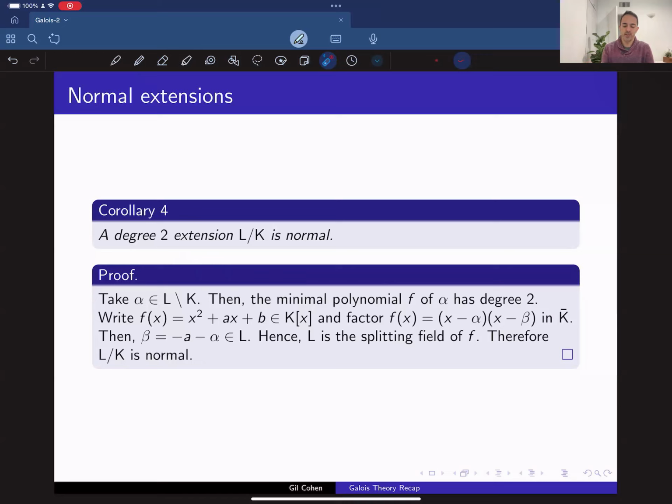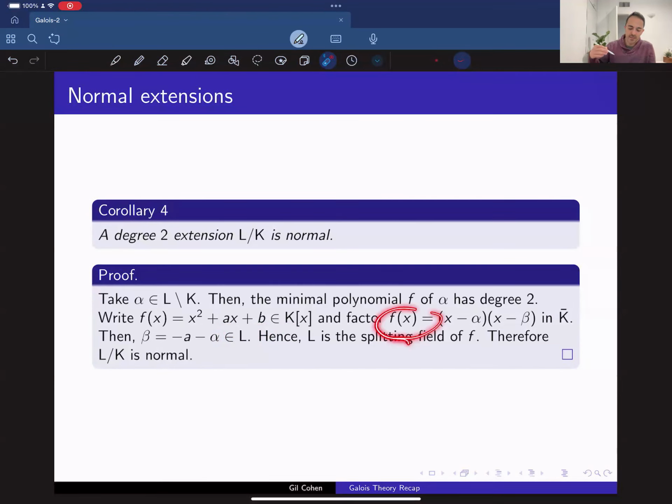That minimal polynomial is going to have degree 2, because the extension is of degree 2, and the minimal polynomial can have degree at most the degree of the extension. So if it has degree 2, you can make it monic and write f of x as x squared plus ax plus b, where both a and b are in K.